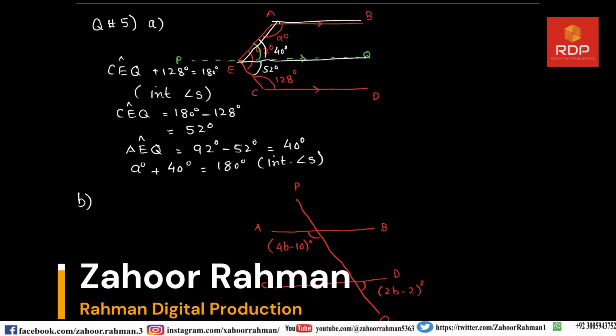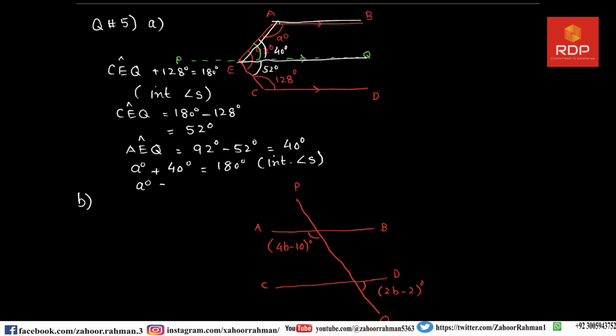Now in this case we can find that A is equal to 140 degrees when we shift this 40 to the other side. So that was the whole story by using a different technique, because mathematics is technique and tactics. We use different tactics to find the value of this.